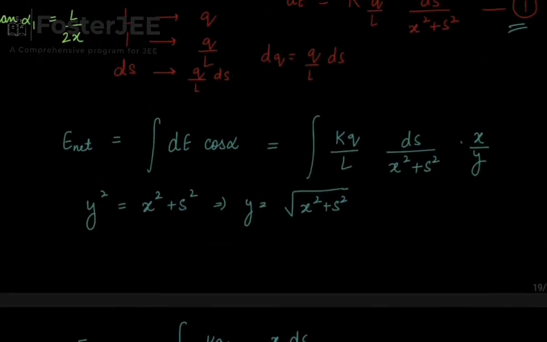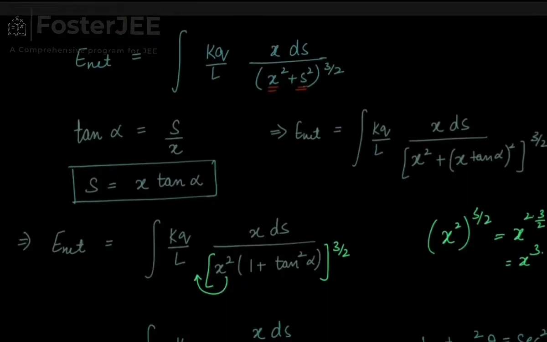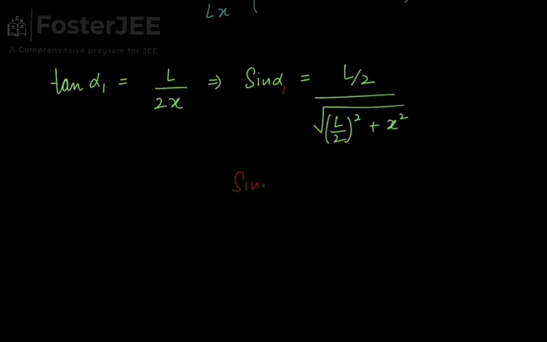Similarly, sin alpha 2 will be from this part of the rod to this point, and in that case sin alpha 2 will be L upon 2 upon root of (L upon 2 whole square plus x square), since it's symmetric.